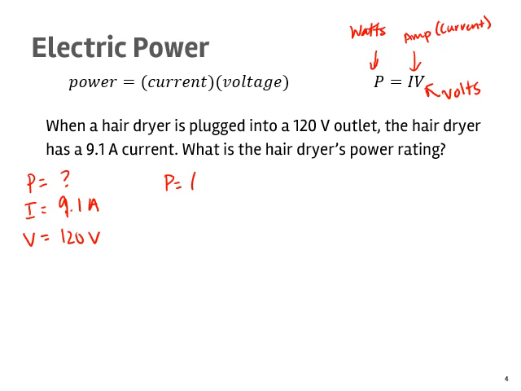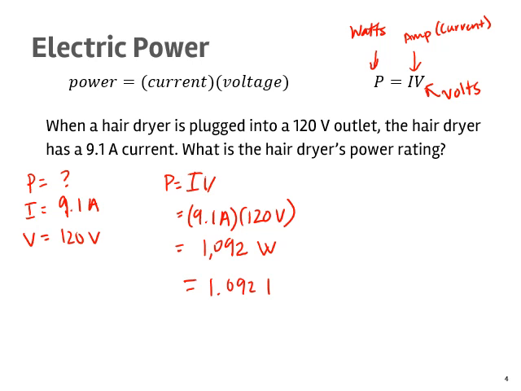So this is going to be simply current times voltage, P equals IV, where I is 9.1 amps and the voltage is 120 volts. We plug this value into our calculator and we get 1092. Our unit for power is going to be watts, capital W. There we go. Or in some cases, more commonly found on appliances, this would also be equal to 1.092 kilowatts.